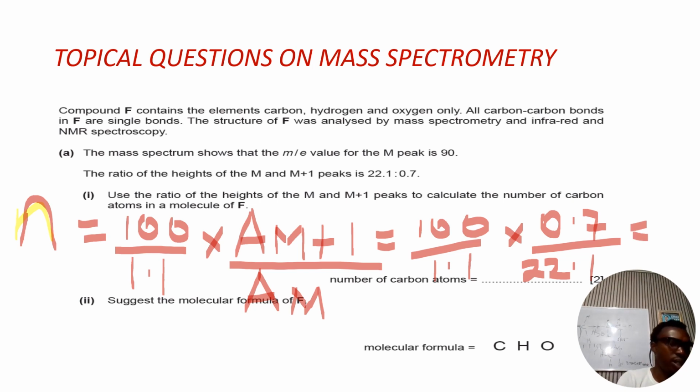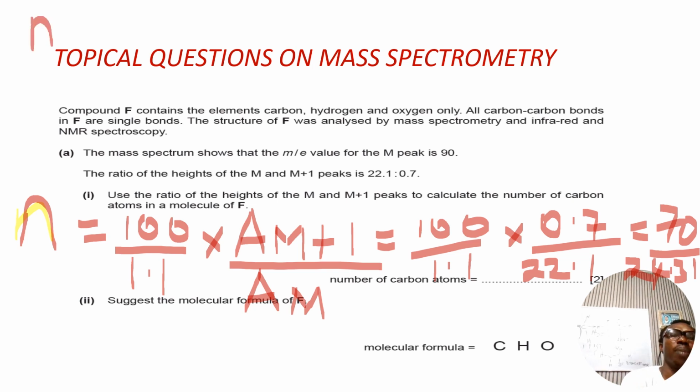So we have 100 times 0.7, which is 70, then 1.1 times 22.1, which will be equal to 24.31.